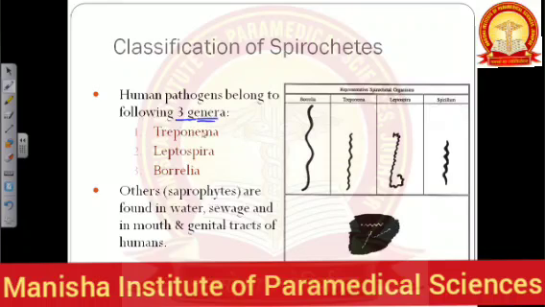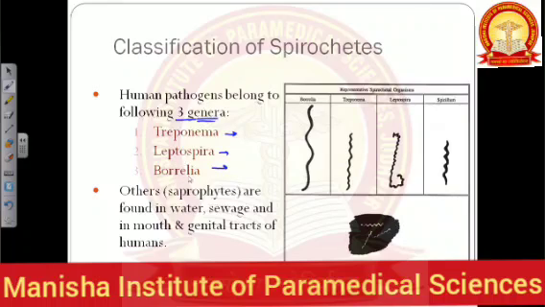They have different species, and among them Treponema pallidum is one of the dangerous ones. Leptospira and Borrelia have several species; among them Borrelia burgdorferi is very dangerous. All of them are potent pathogens for human beings, so that's why they catch our attention, right?